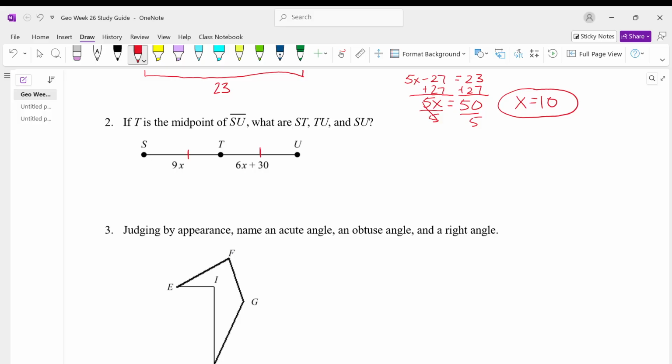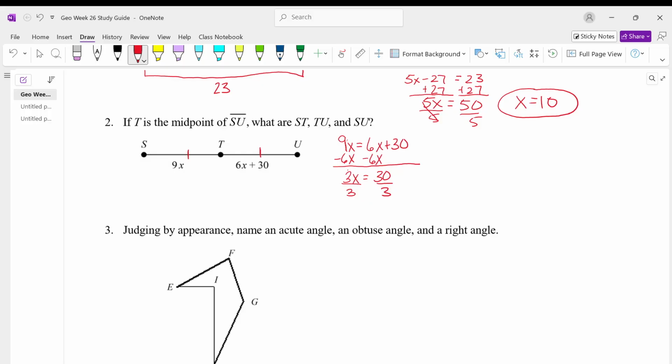So what that means is that 9x is equal to 6x plus 30. So we're going to solve for x. So 3x equals 30, and then divide both sides by 3.